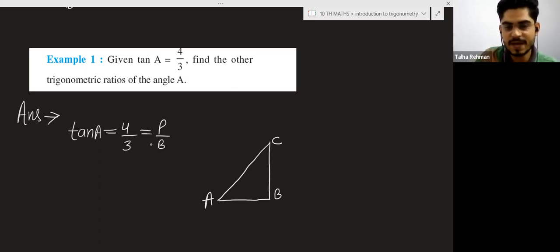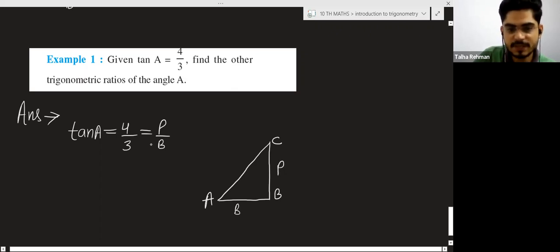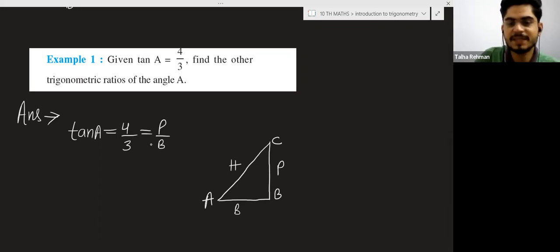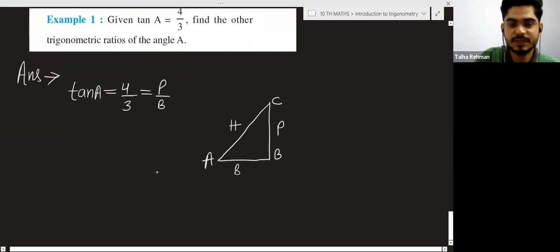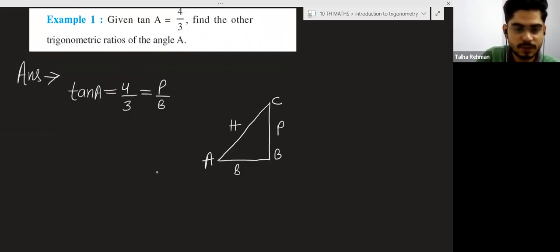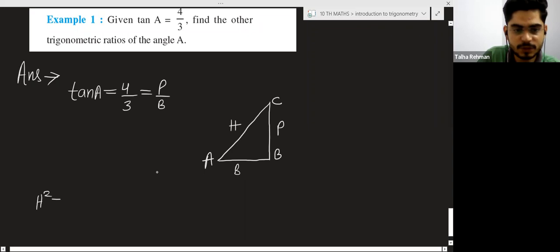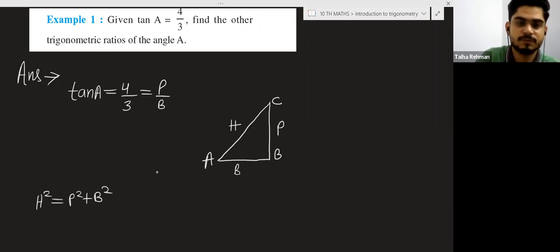With respect to this angle A, this side is perpendicular, this side is base, this side is hypotenuse. Okay. So apply the Pythagoras theorem. Pythagoras theorem is hypotenuse square is equal to perpendicular square plus base square.